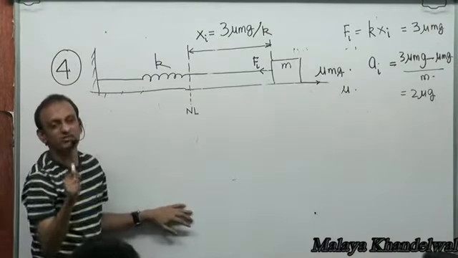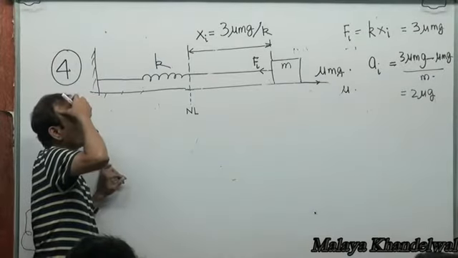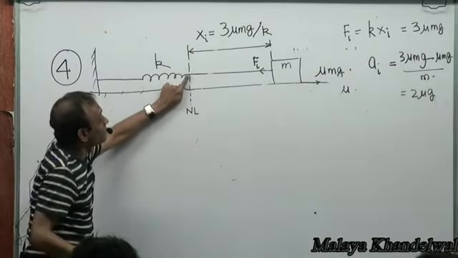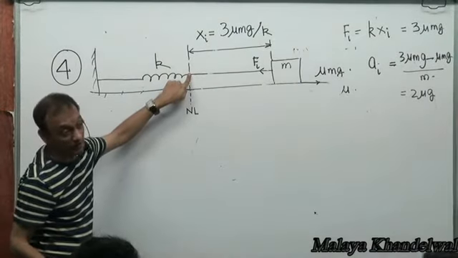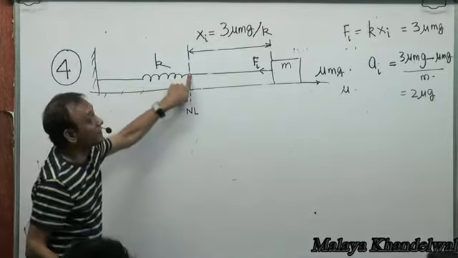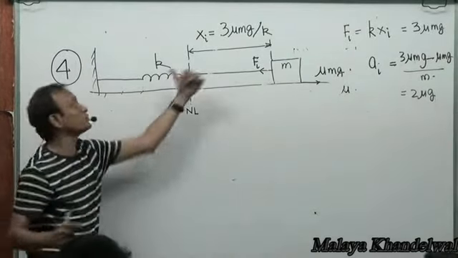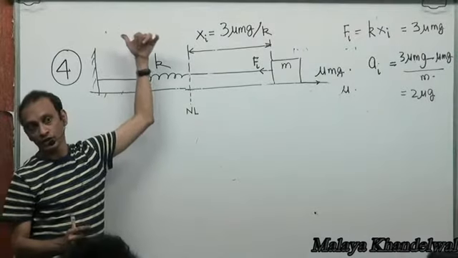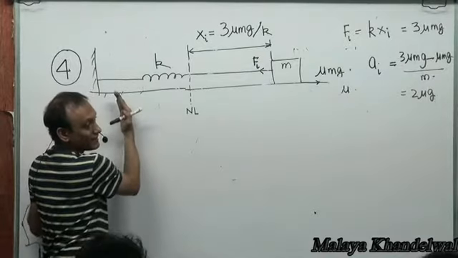Spring force will keep decreasing. When the mass passes the natural length of the spring, spring force would have become 0. And there is only friction to the right. But by this time, the mass would have developed a velocity leftwards, and therefore it will compress the spring.